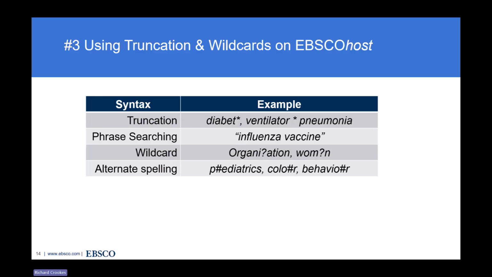So we have the truncation, the asterisk, the star. If you want to truncate terms like diabetes, diabetic, etc., you can do so by replacing the last couple of characters with the asterisk. If you want to search with words or phrases which have multiple terms, the example there is ventilator pneumonia.